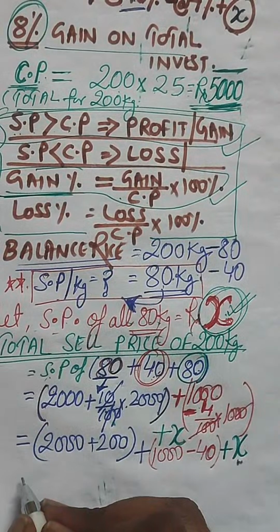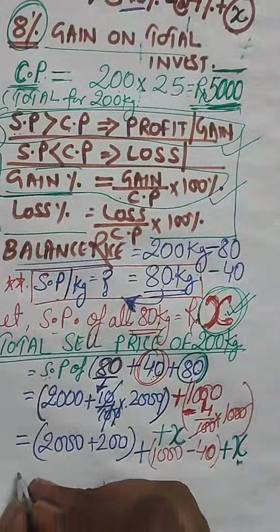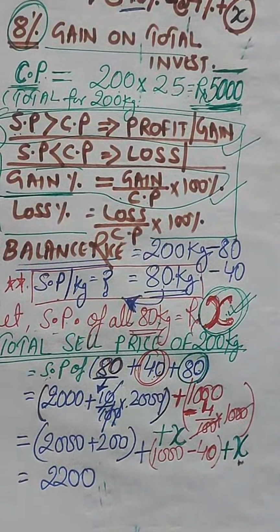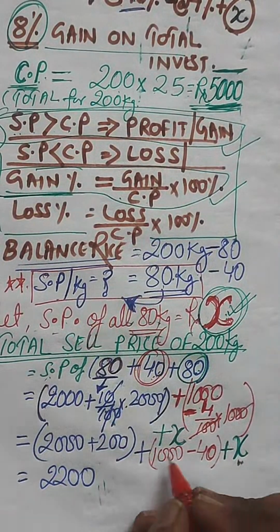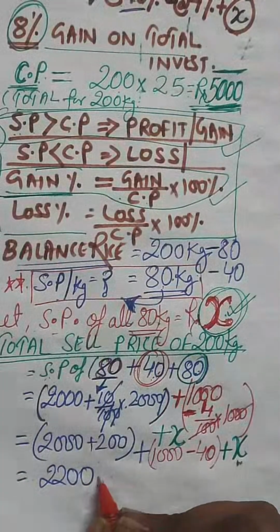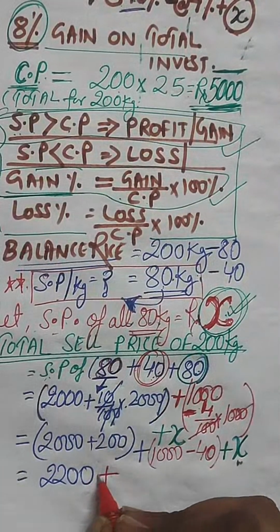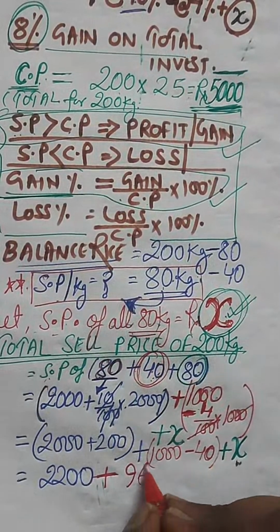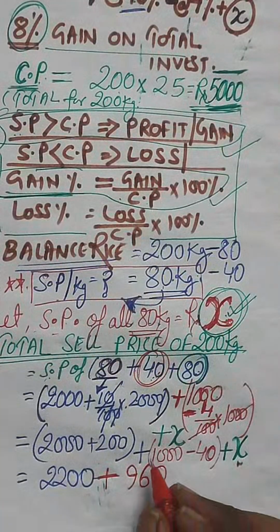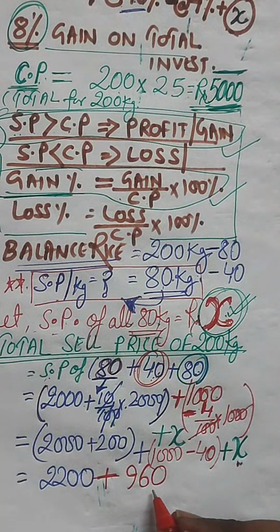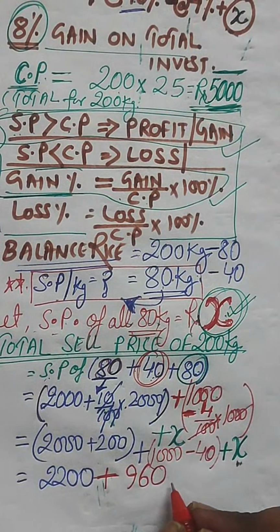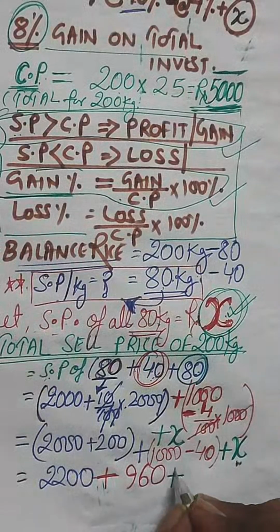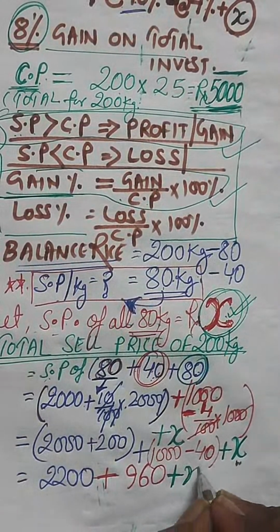So what will be the total sale price? Let us add it. 2000 plus 200 will be 2200, isn't it? 1000 minus 40 for the second portion of the rice, which is sold at a loss of 4%, will be 960, right? Now on the third portion, the selling price of the entire balance 80 kg, we have considered as x.